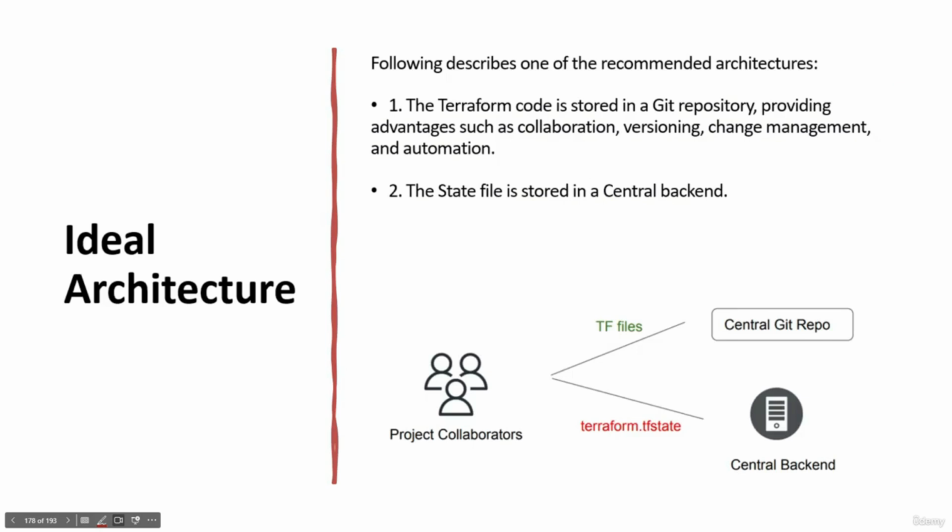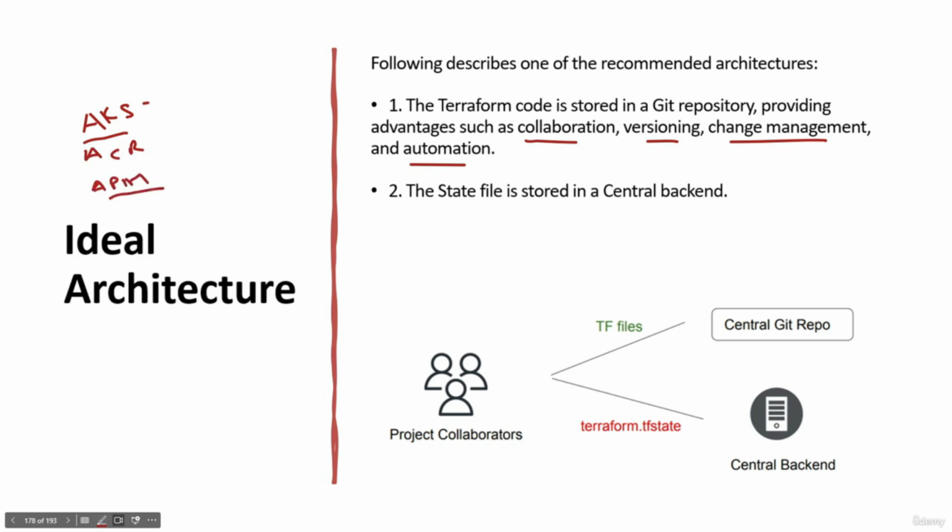So what would be the ideal architecture? The following describes one of the recommended architectures. The Terraform code is stored in a Git repository, providing advantages such as collaboration, versioning, change management, and automation. What we discussed in the last slide, we are planning to create AKS, ACR, APIM.